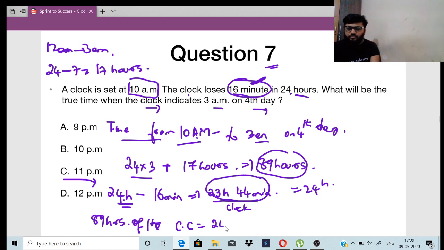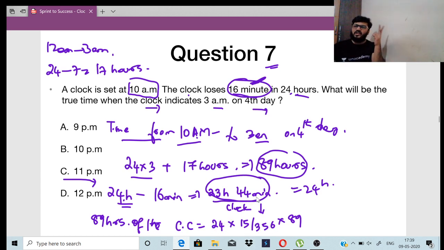It is 24 into 15 by 356 into 89. What is this 15 by 356? It is the 23 hours 44 minutes which is present here, that I have written as 15 by 356. 24 into 15 by 356 will give you 23 hours 44 minutes, right?